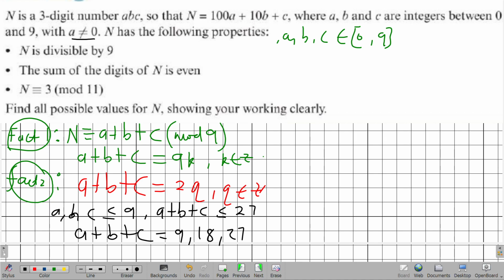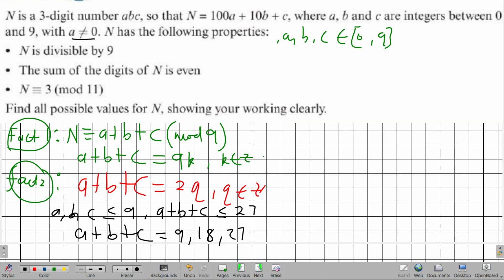But at the same time, a plus b plus c has to be an even number. So the sum cannot exceed 27, but it has to be divisible by 9, therefore it can be 9, 18, or 27.